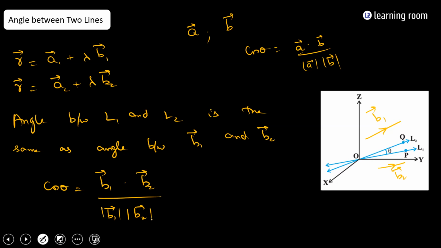Listen to this. Whenever they ask you the angle between lines, mostly we measure only the acute angle. You're not going to take the obtuse angle. That is why you activate the modulus.